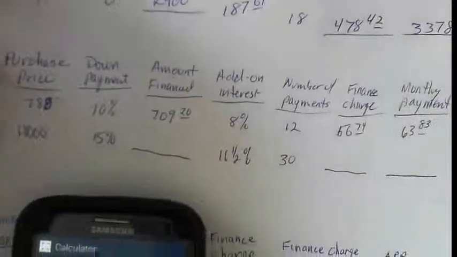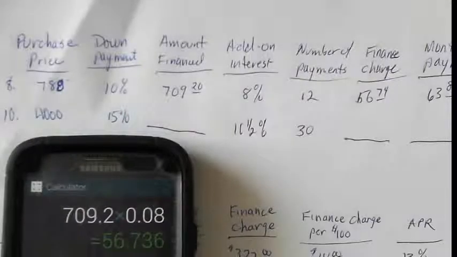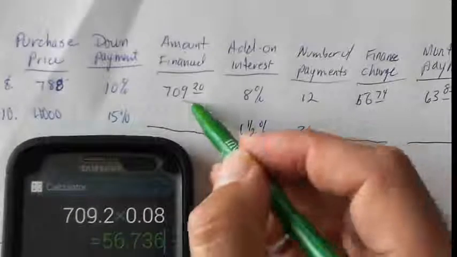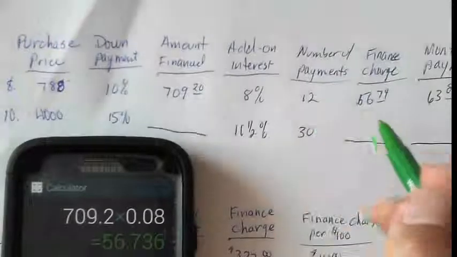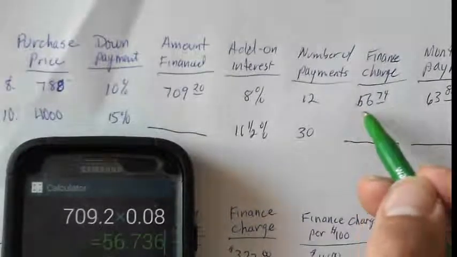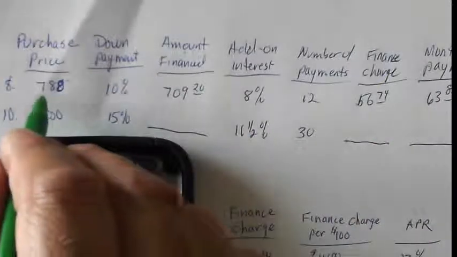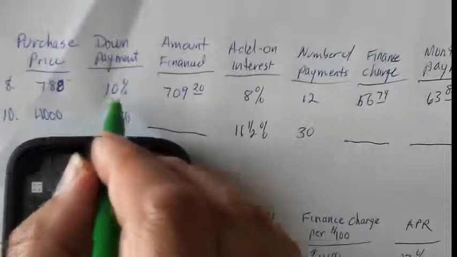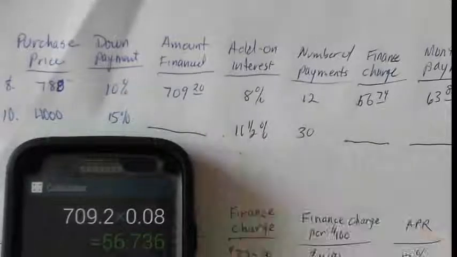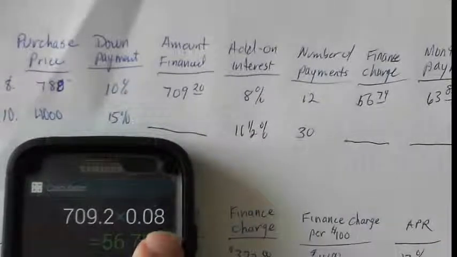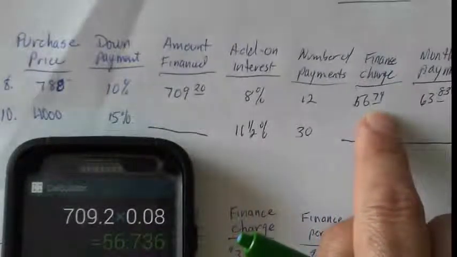Okay, let's take a look at number 8. Slightly different here. And the first thing they have to calculate is the finance charge. So we have the amount financed, add on interest or the interest rate, number of payments. They already calculated the finance charge. We're going to figure out how they did that and then figure out the monthly payment. So purchase price was $788. Put down 10%. So they had a difference then of $709.20. Okay, so we take that $709.20 times the 0.08 and that's how they got the $56.74. Okay.